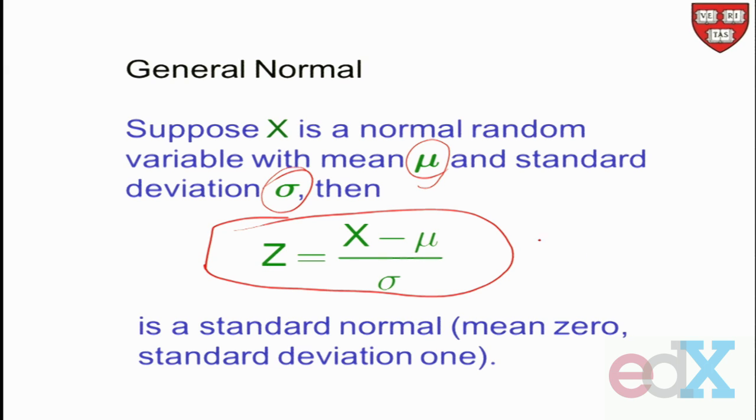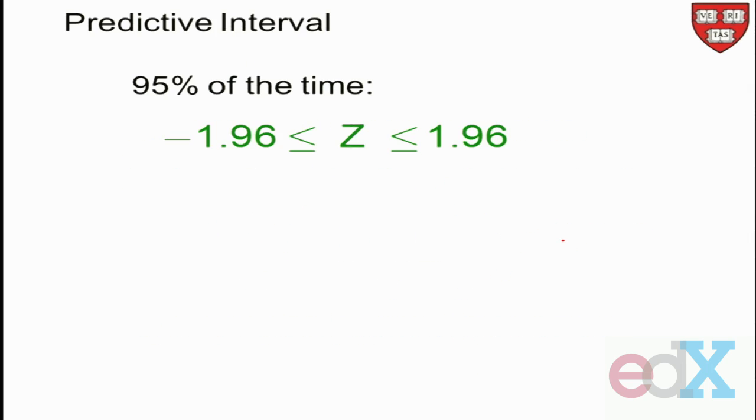Subtract the mean, divide by the standard deviation on the x, and that gives you your z, and that's your standardization.